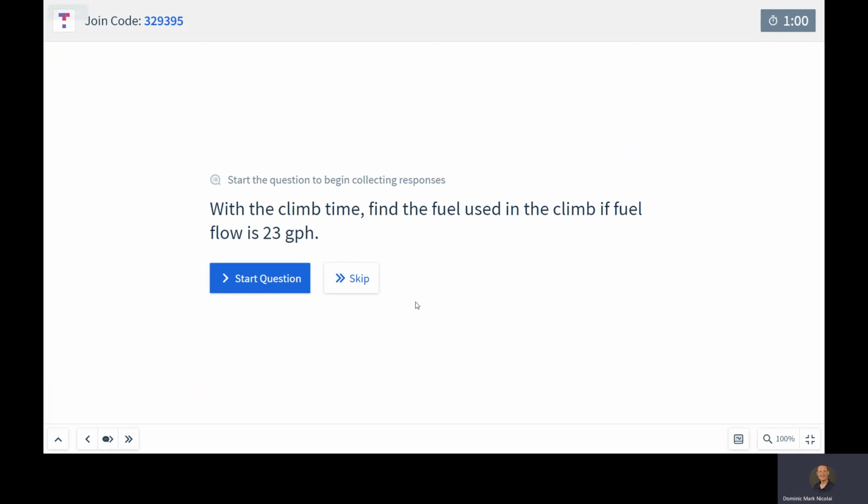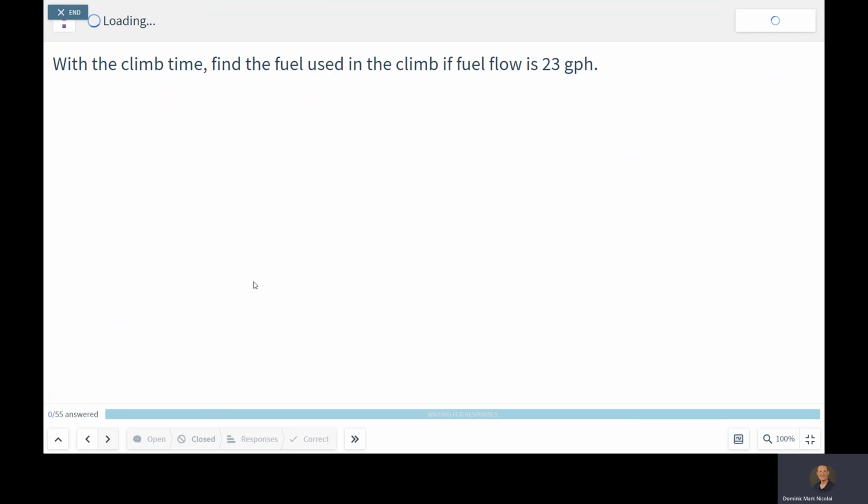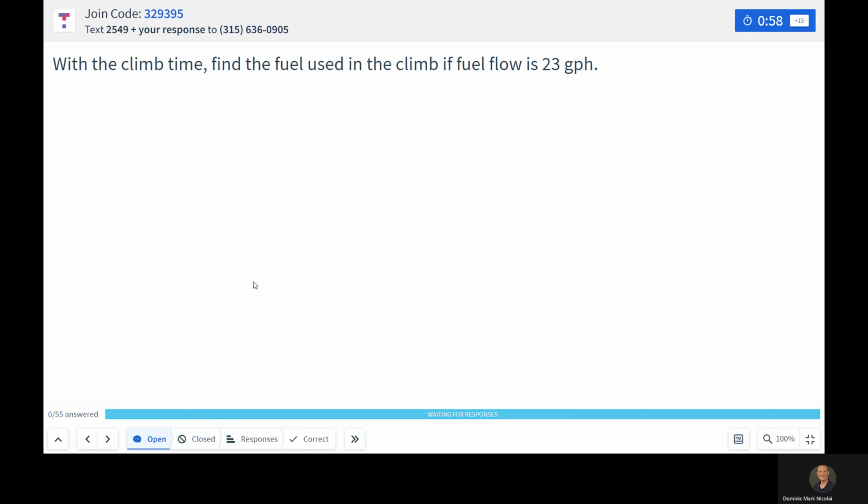What is the fuel used in the climb if the flow is 23 gallons per hour? 23 gallons per hour for 20 minutes. Set your rate to 23 gallons per hour for 20 minutes.